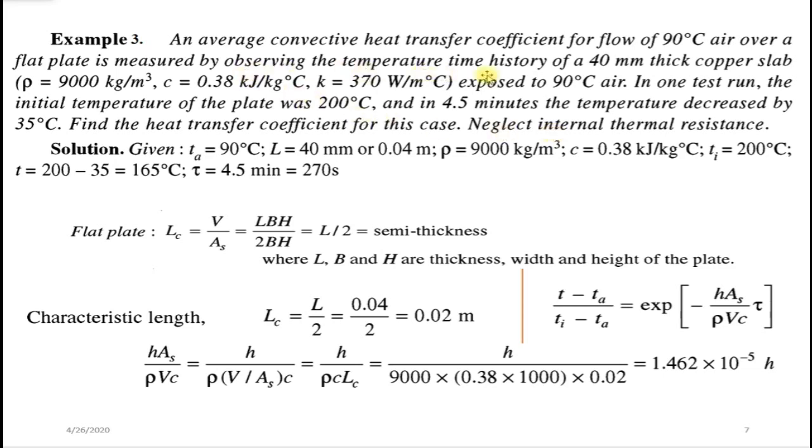Now if you see the problem statement, the ambient temperature, that is the temperature of the air it is exposed to, is the atmospheric temperature. Atmospheric temperature here is 90 degrees Celsius. Then thickness is given as 40 mm, that is converted into 0.04 meter, density given, Cp value given. Then initial temperature is given as 200 degrees Celsius. Then 4.5 minutes is given.